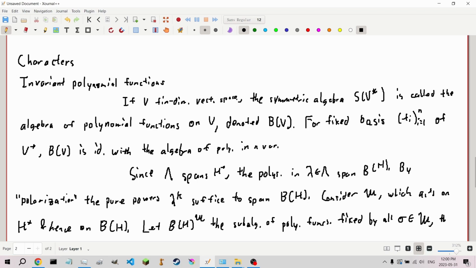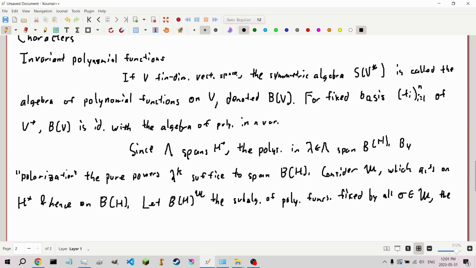This is the algebra of Weyl invariant polynomials, they call polynomial functions on H.